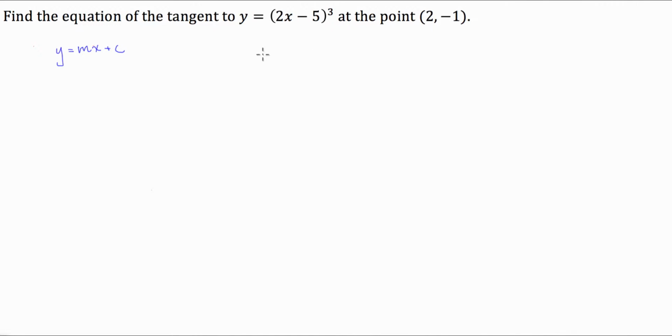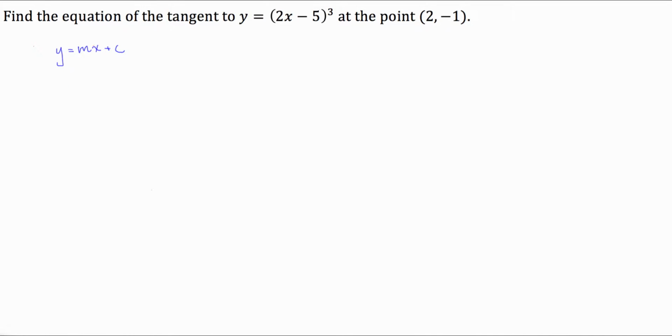Now what we're going to do is to find the gradient. We're going to differentiate this cubic function, and then we're going to substitute in the point in question, i.e. x equals 2, and that will give us what the gradient is at x equals 2. So let's go ahead and do that.